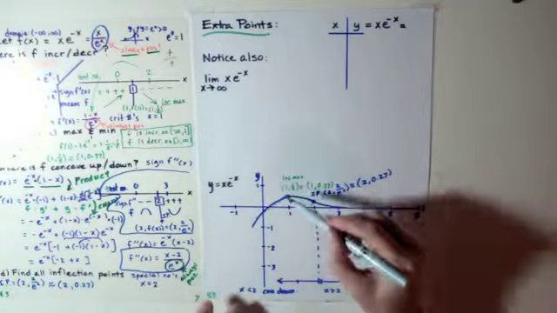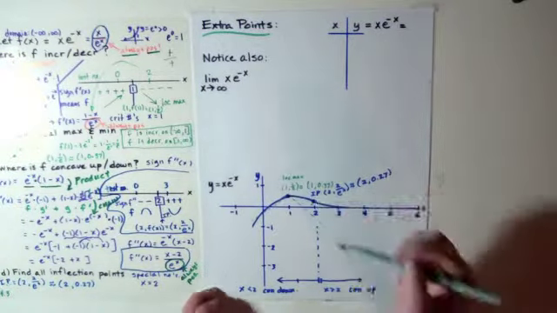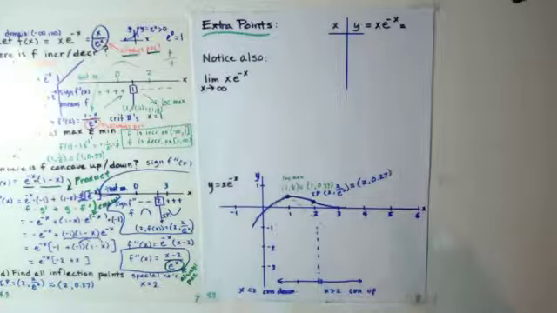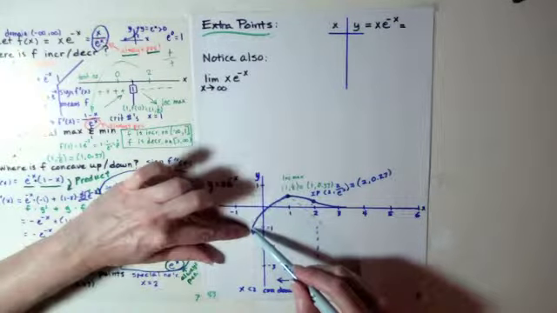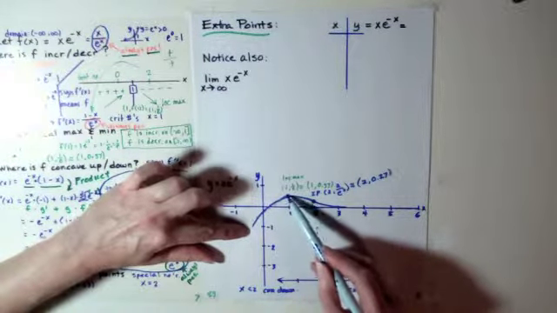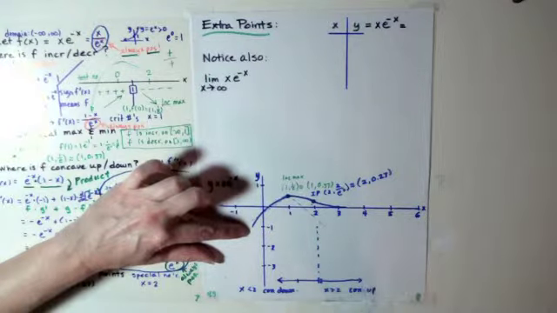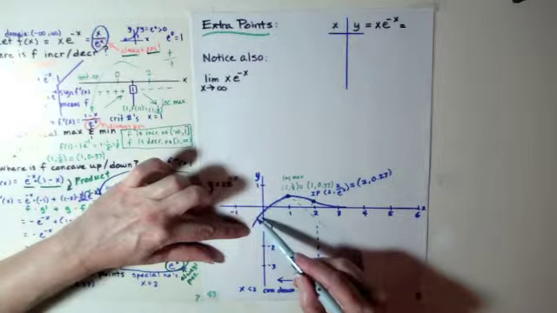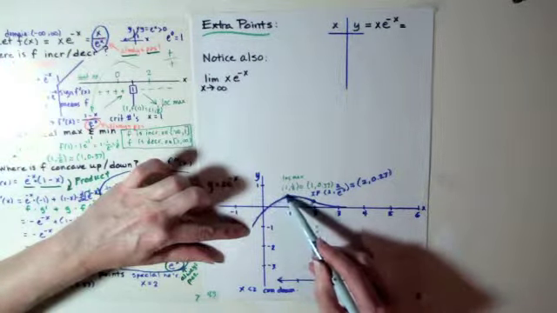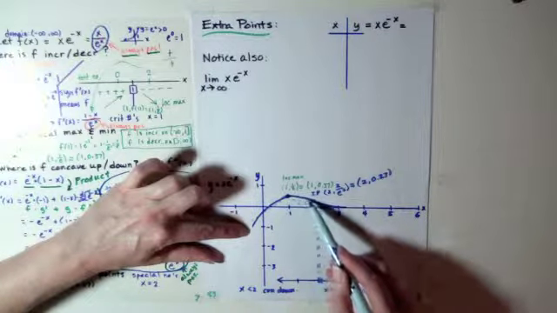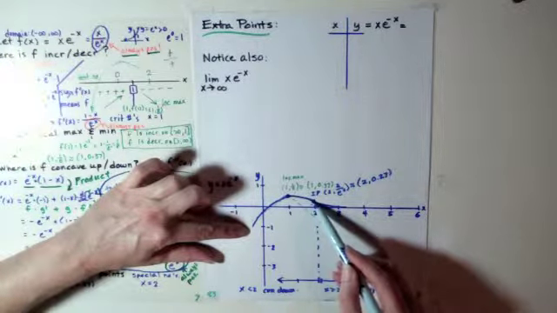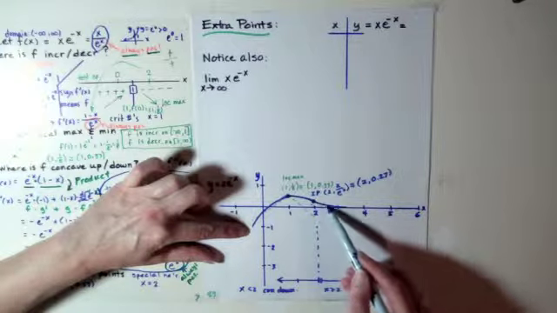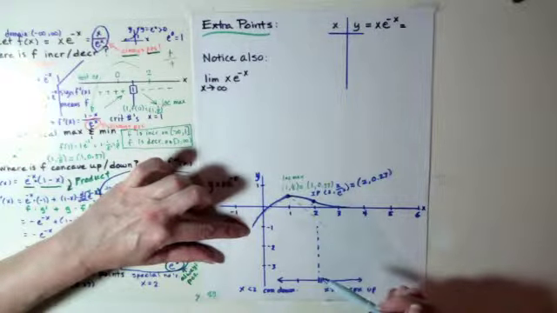Now, I've really only drawn 2 points on the graph, so it's still not terribly accurate. But we have a graph that is increasing till I get to the max, and then it is decreasing. And it is increasing and concave down, decreasing, stays concave down till I get to the inflection point, and now it flips and turns concave up.